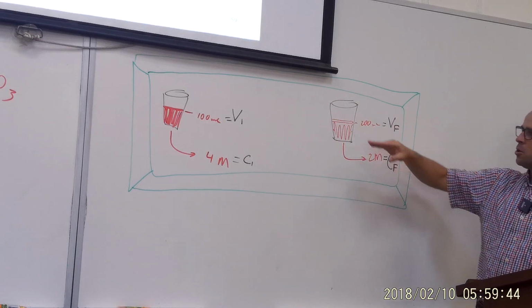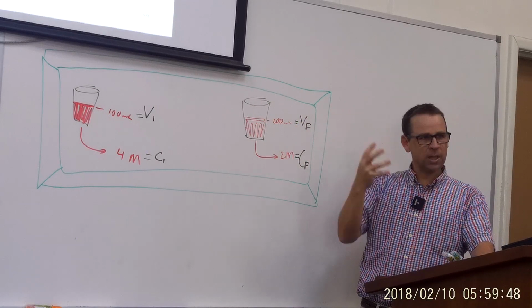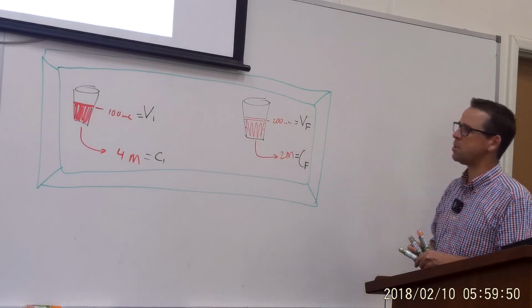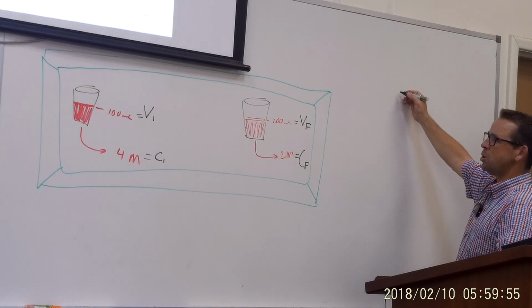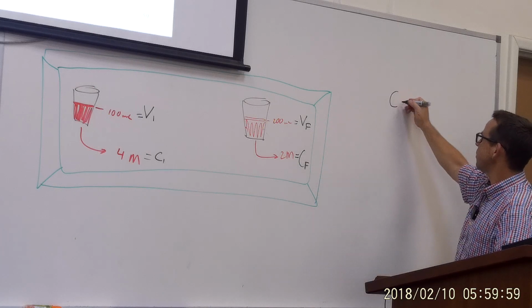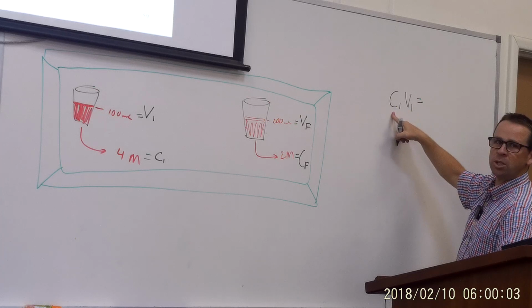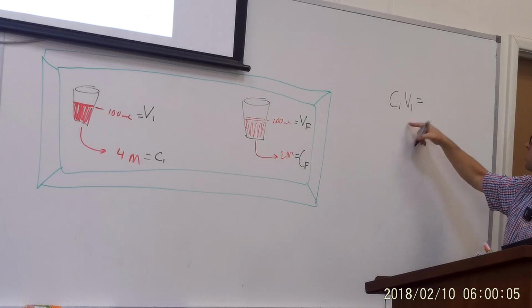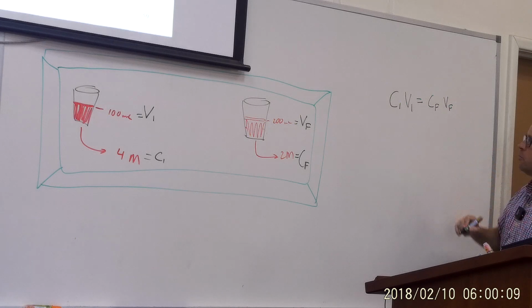And knowing that those are the values that you've chosen for your memory, you can think about what the relationship is, because there is a relationship. And you can use the dilution equation. You can go and put some values in and see what the resulting equation is. But this is what it is. It's the concentration initial times the volume initial will equal the concentration final times the volume final.